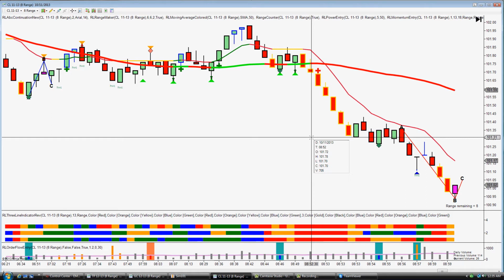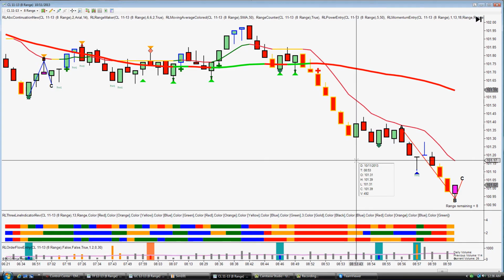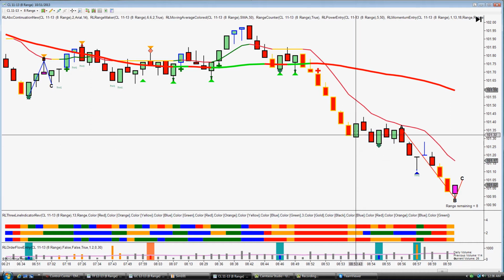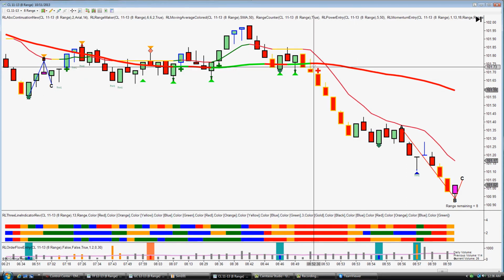The entry again was at 69. I wish I could add, but this was about 60 ticks, and a 10-tick trailer would come back and take you out of 10 of those. So this is about a 50-tick trade.